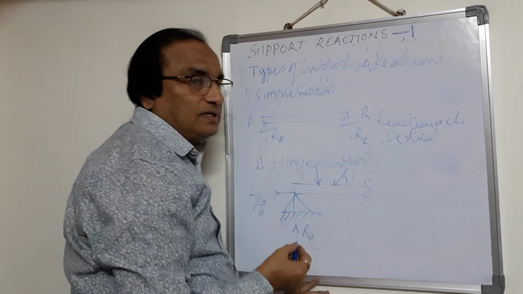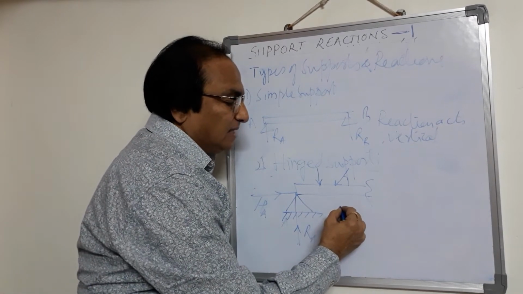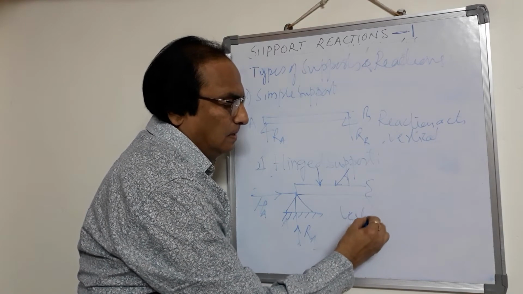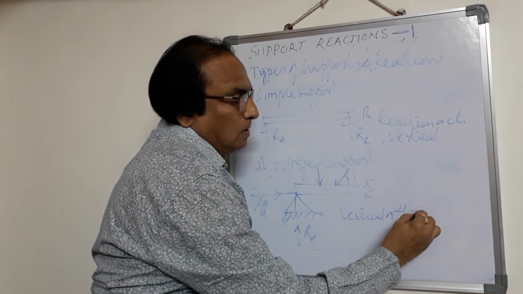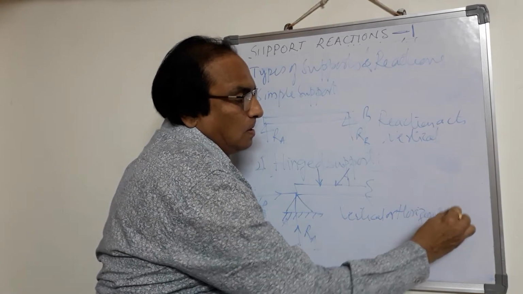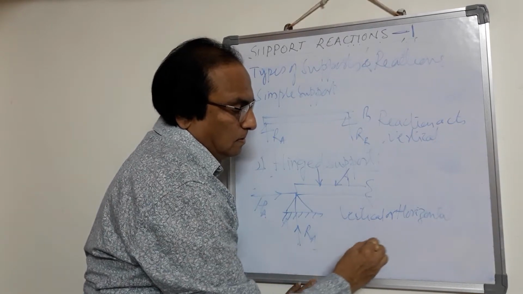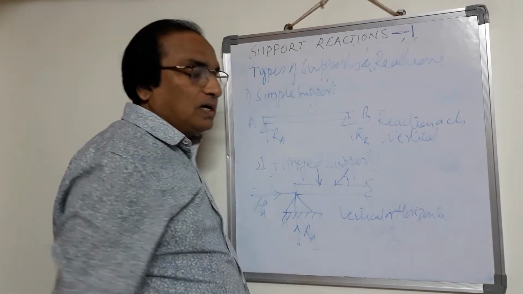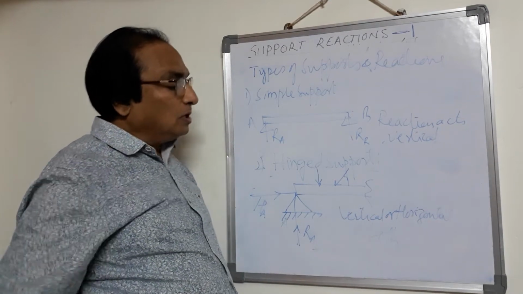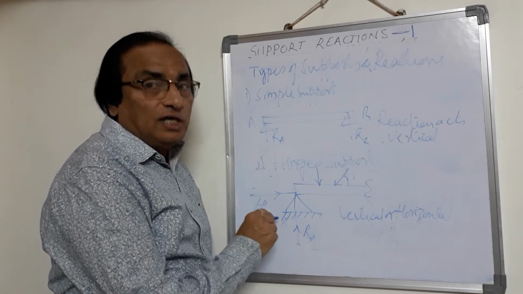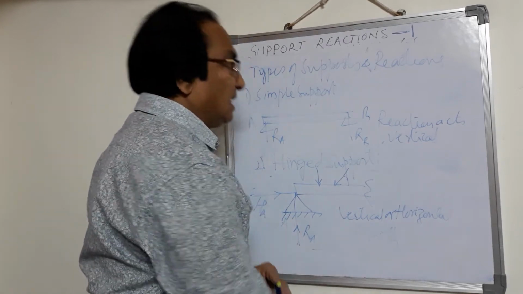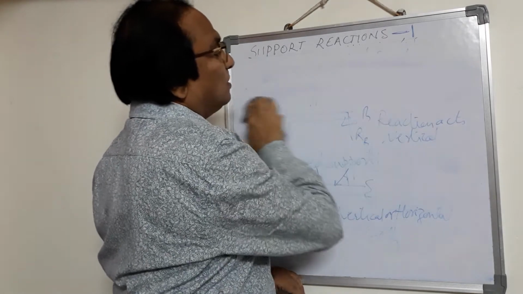So in case of hinges, the reactions are either vertical or horizontal or both. These are the support reactions which will be acting in the case of a hinged beam. So we will see the next type of support.